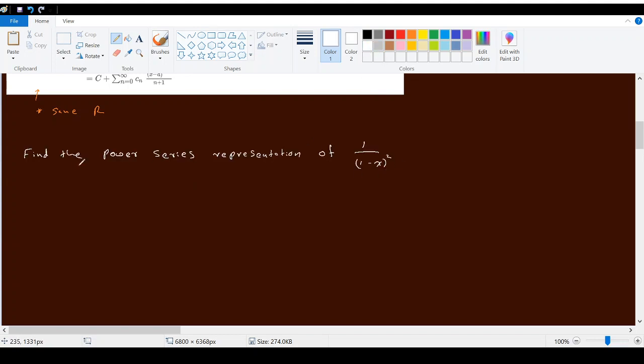Now consider this one. Find the power series representation of 1 divided by (1 minus x) whole squared. For this one, we already saw the power series of the function 1 over (1 minus x), which is equal to the sum of x to the power n, starting from 0, and if you just expand the terms, it will be like this, right?